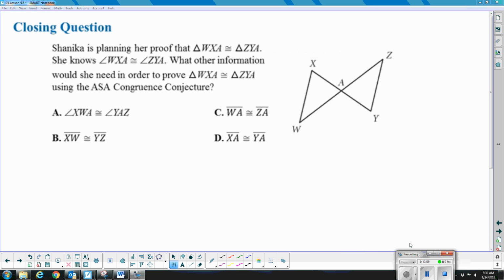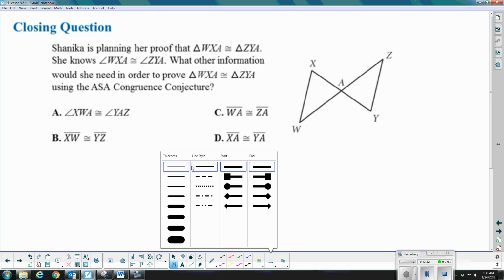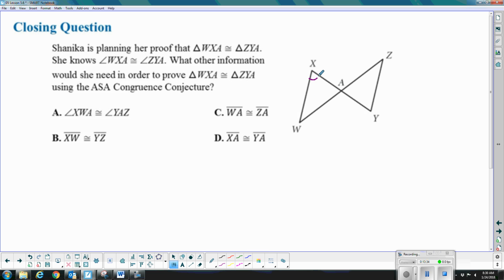And then this last question, just to kind of get you thinking about where to start. It says Shanika is planning her proof that triangle WXA is congruent to ZYA, so look at this diagram. And she knows that angle WXA is congruent to angle ZYA, so she has those two angles congruent.